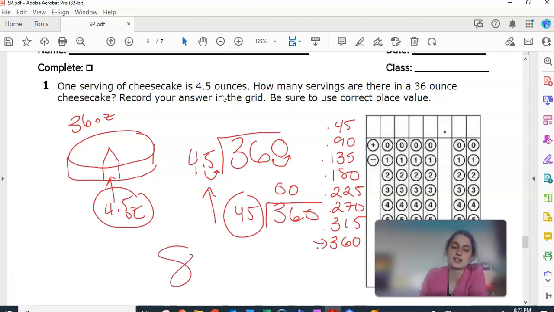You can get 8 slices out of this cheesecake. 8 servings, not slices. Servings.